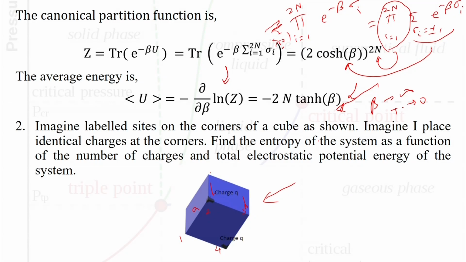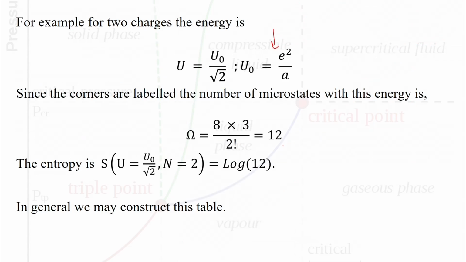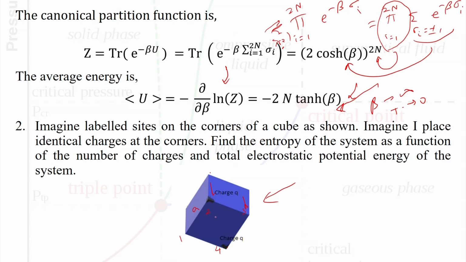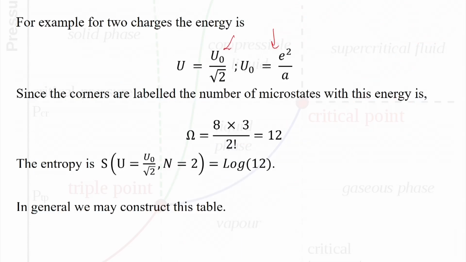That is one of the possible energies. The other possible energy is if you decide to place them here and there, for example. This distance is square root of 2 times a, so the energy is e squared by square root of 2 a.